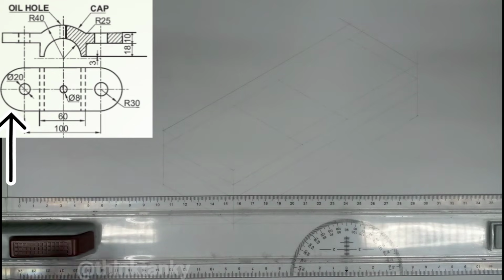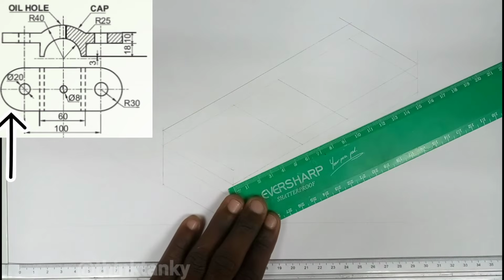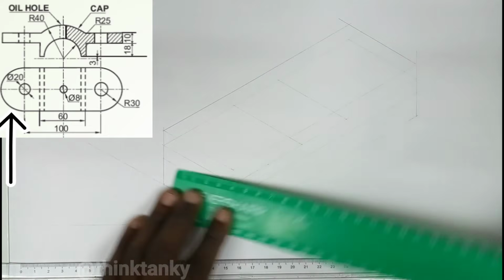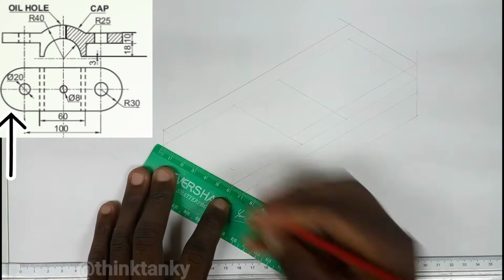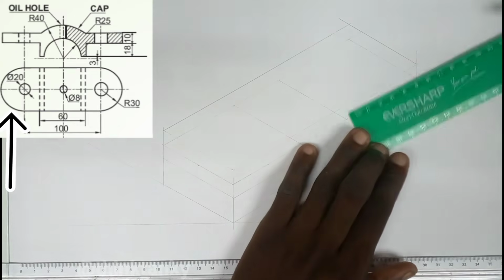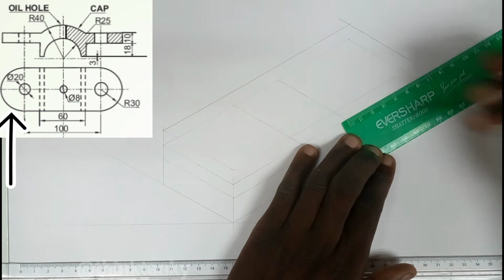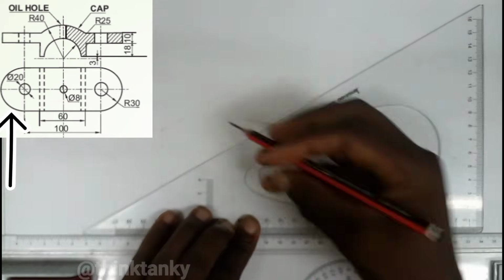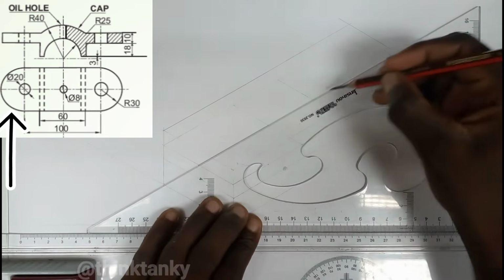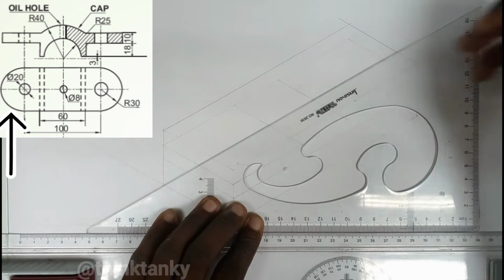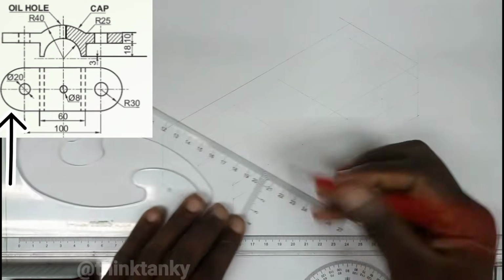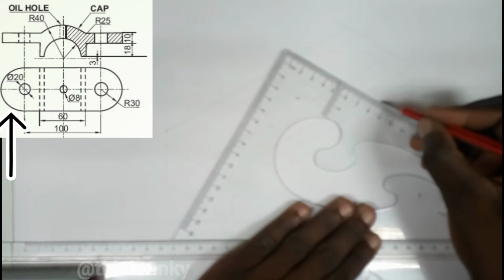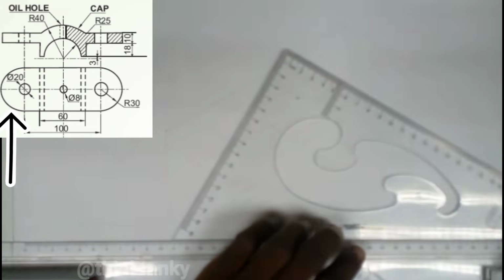Then I'm going to divide the square into 4 segments. So first, divide this line by 2, 30, and the same, 30.